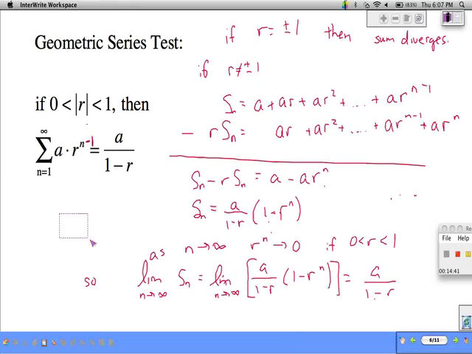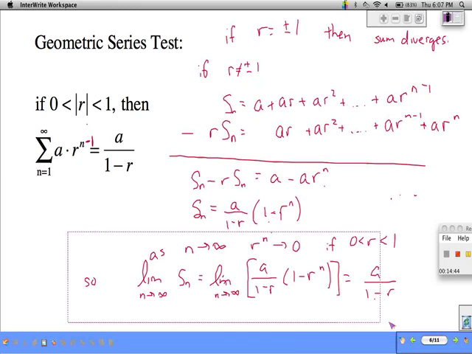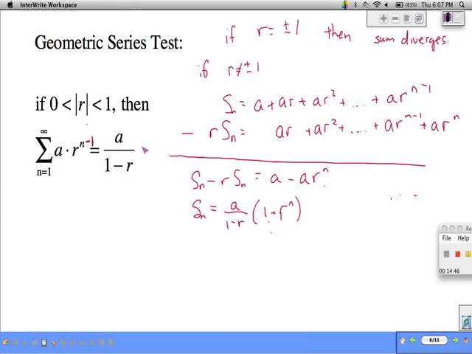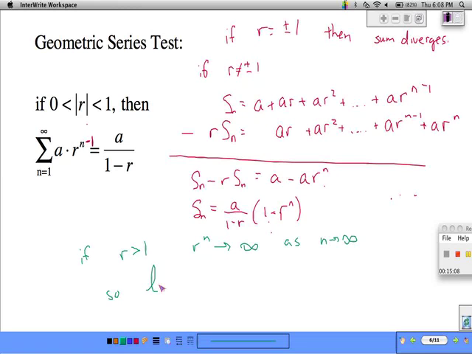So let me clear some room here. And we're now going to make the statement, if r is bigger than 1, then notice what happens to r to the n. r to the n goes to infinity as n goes to infinity. So the limit as n goes to infinity of 1 minus r to the n diverges.